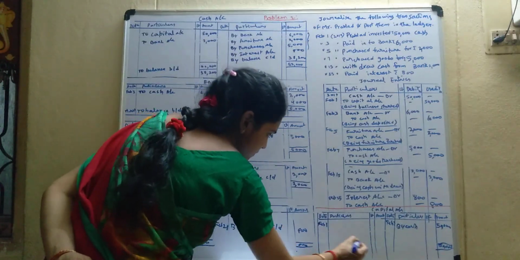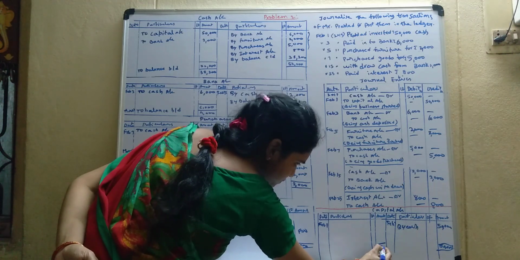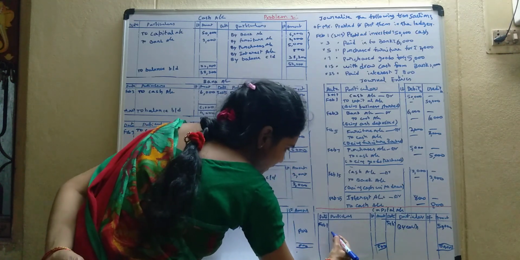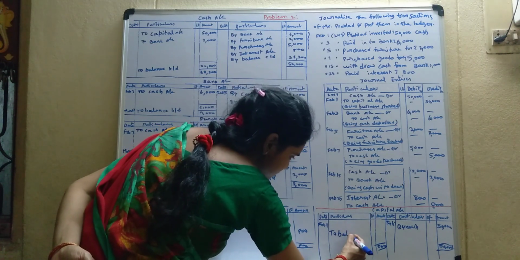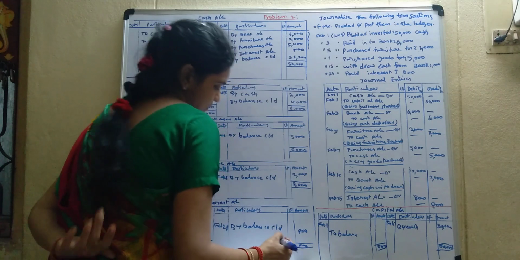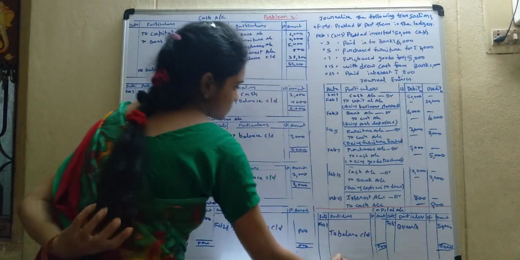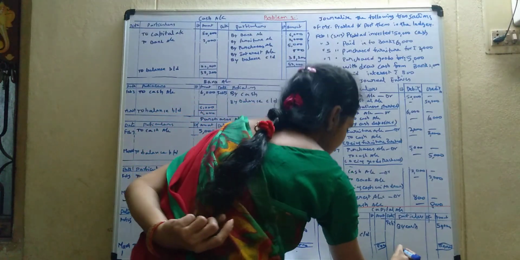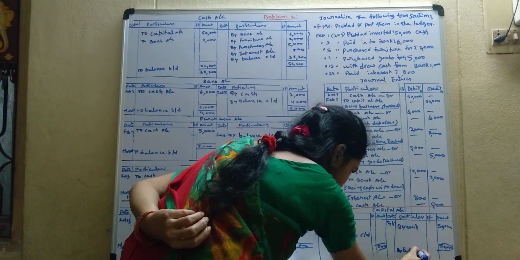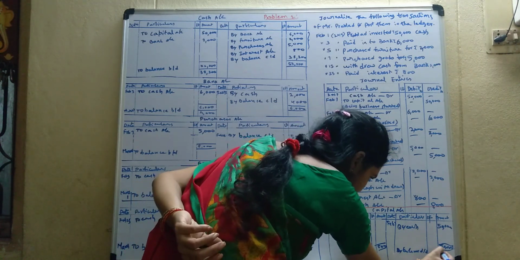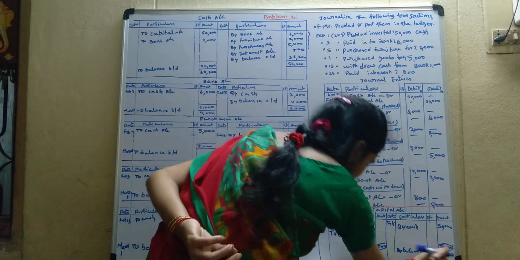Okay. By balance carried down. Next, to balance brought down, 50,000. Okay.